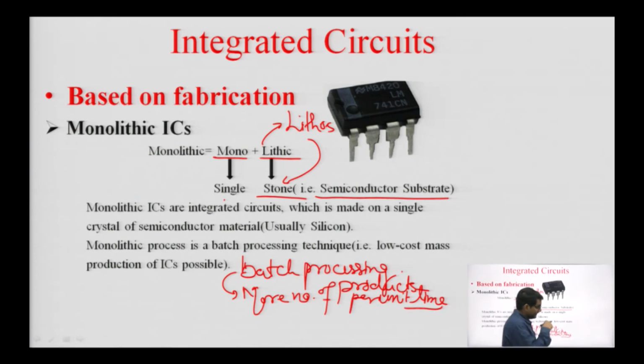Batch processing is a technical word which means more number of products per unit time, or mass production per unit time.